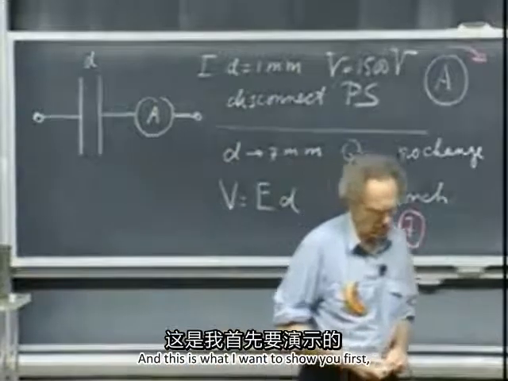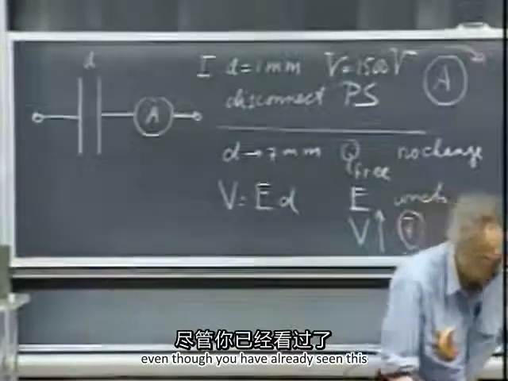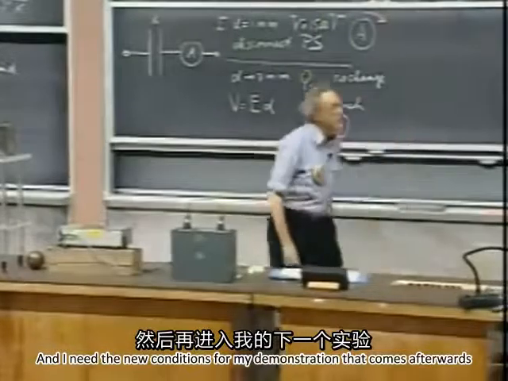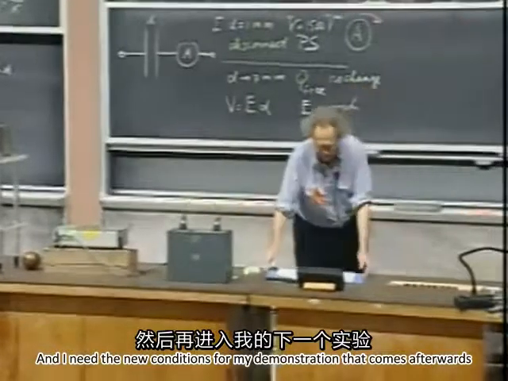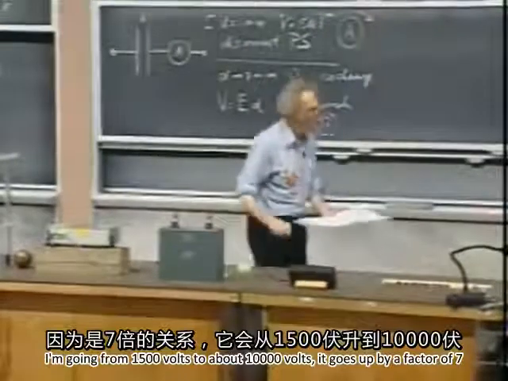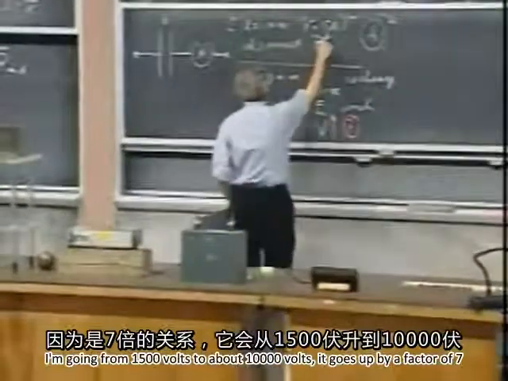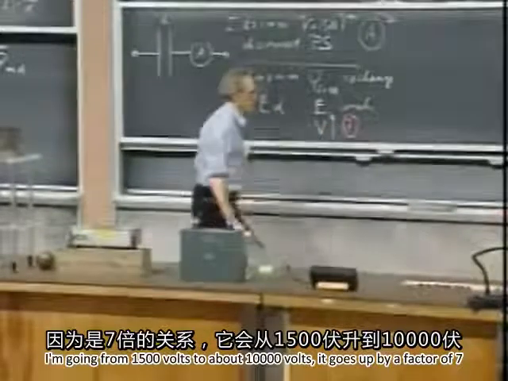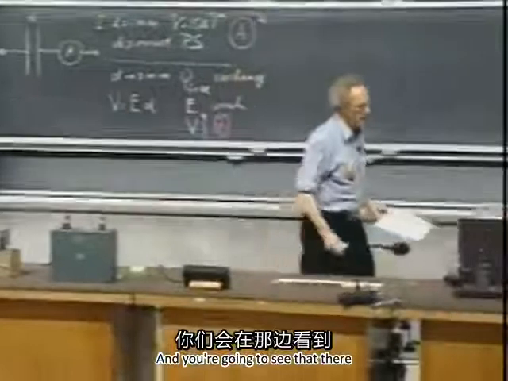And this is what I want to show you first, even though you have already seen this. And I need the new conditions for my demonstration that comes afterwards. I'm going from 1500 volts to about 10,000 volts. It goes up by a factor of 7. And you're going to see that there.